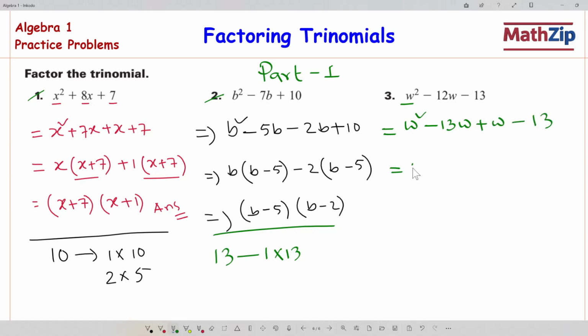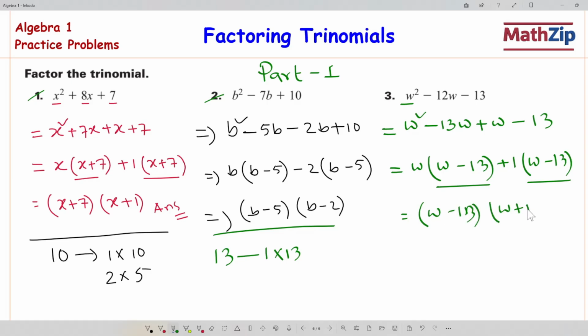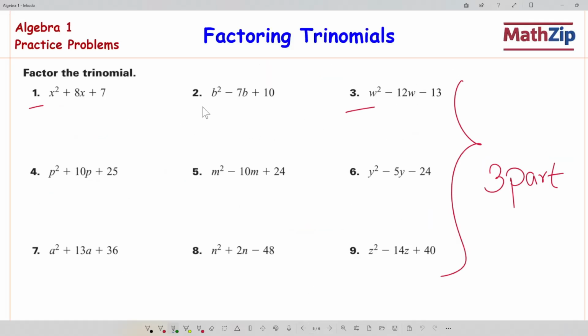So we can take common w, so it will be minus 13, w minus 13, and take common plus 1 and also again w minus 13. So here is w minus 13, w minus 13 we can take common, and finally we get w plus 1. Very simple. So part 1 done.